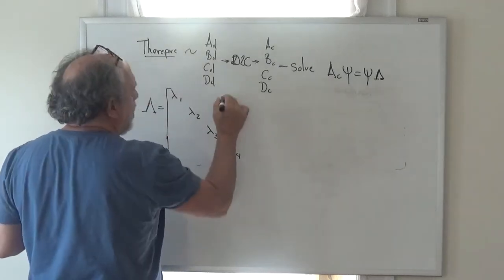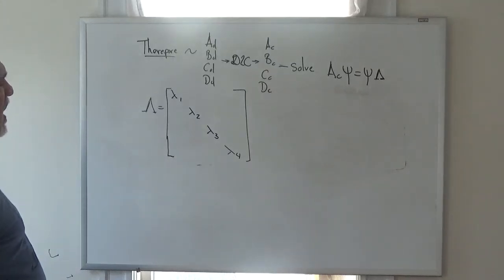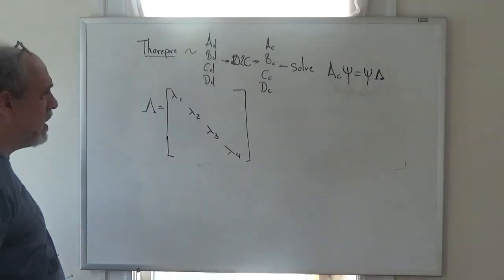Let me say there were 4. So when you get, if there are 4 eigenvalues of AC, that means your system was of order 4, and that was determined by the number of singular values when you looked at the Hankel matrix, right?